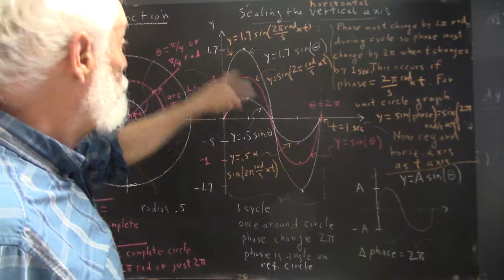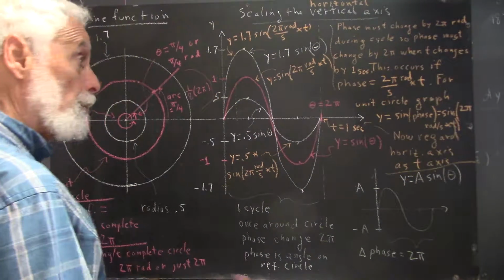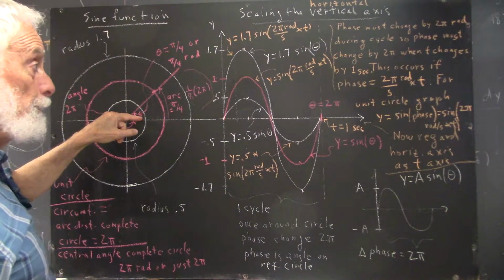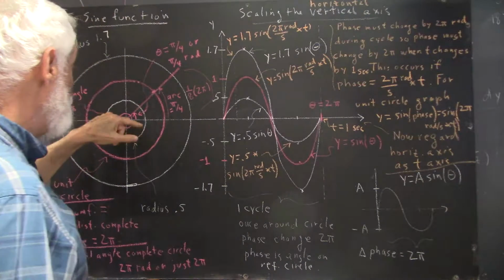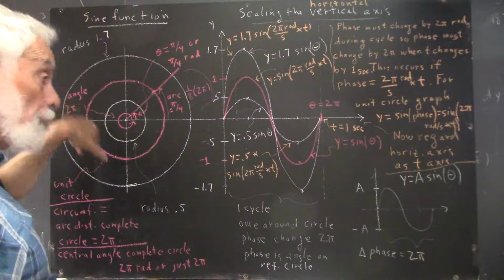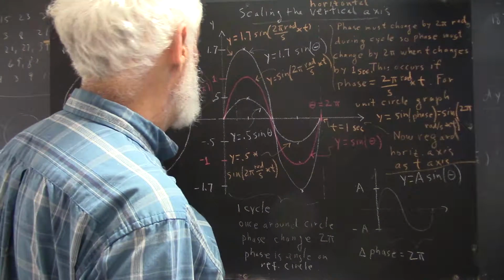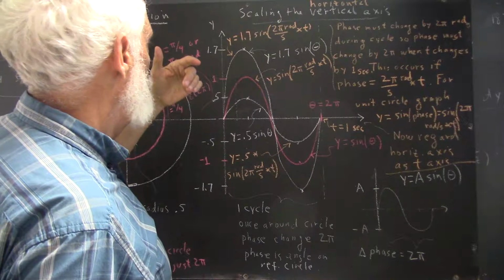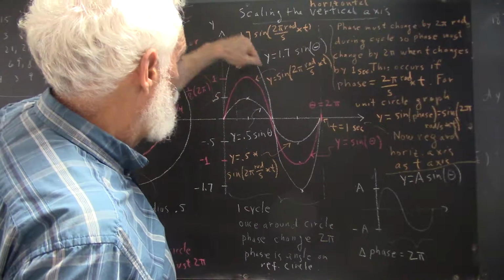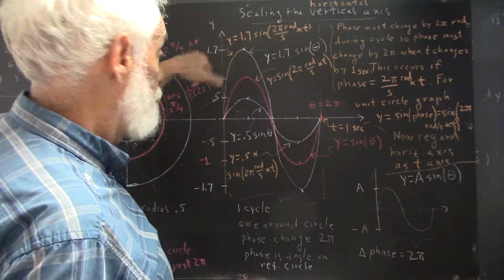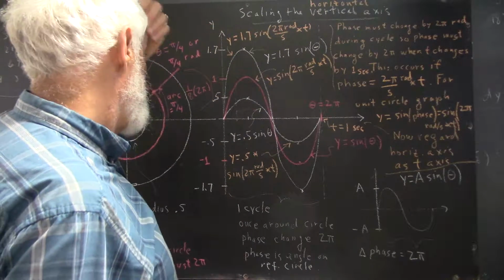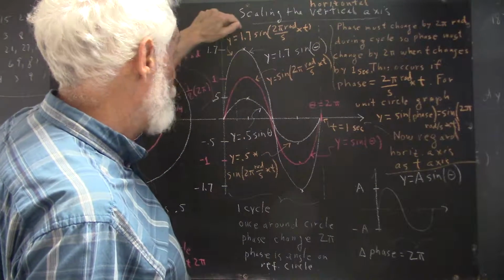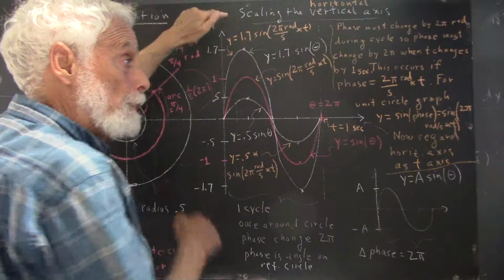Now, these other two graphs also follow the same phase. As we move around the circle, the angle is the same for this circle as it is for this circle, as it is for the unit circle. So all I have to do to represent the graph here as a function of t is multiply this function where the amplitude is 1 by 1.7 to raise the amplitude to 1.7.